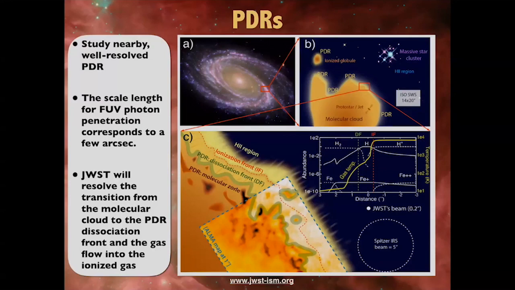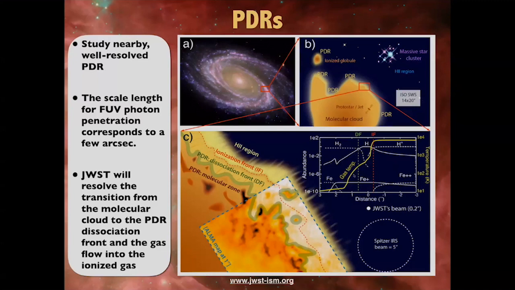In this little inset, you can see how the gas temperature as well as the abundances of different elements change as you go from the ionized gas to the molecular zone. With JWST, we can now distinguish and resolve the individual zones within this transition region, so we can probe the physical conditions on a much finer scale than before.